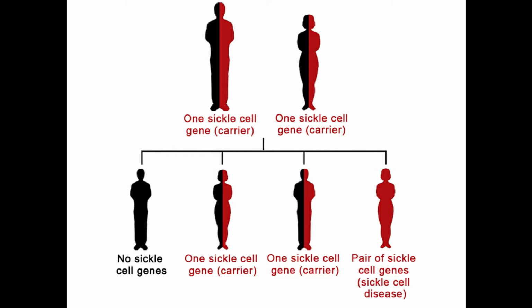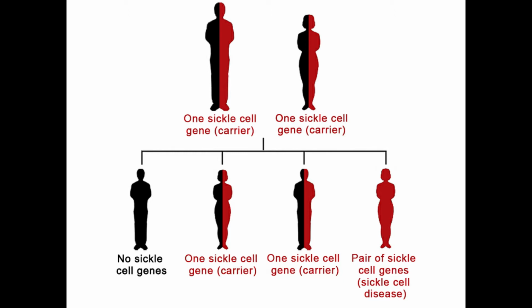Okay, so now we're going to look at another chart. So this chart is similar to the one you just saw. We have the two parents at the top, and they're carriers of the sickle cell trait. And down the bottom, it shows the children. The blue is normal, and the red is the sickle cell gene.